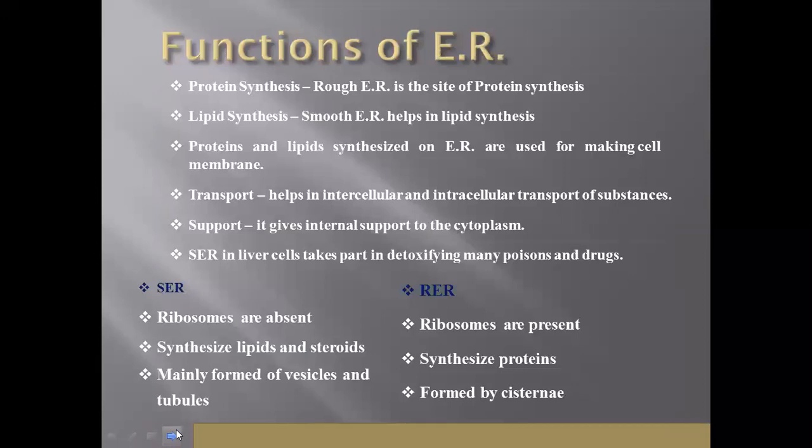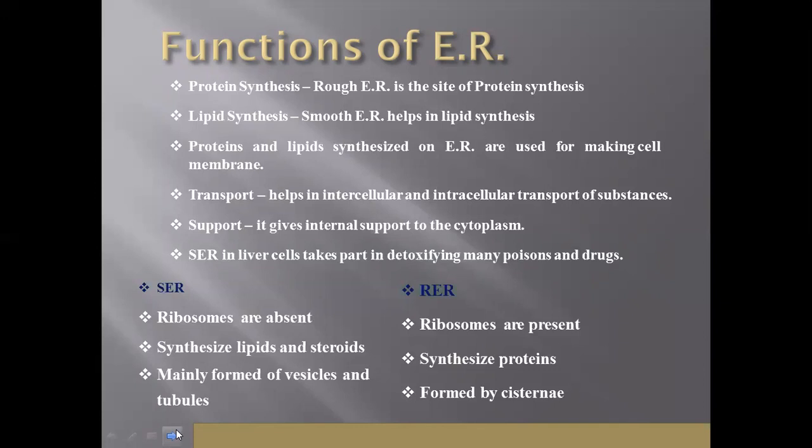What is the function and the role of ER? Protein synthesis takes place on rough endoplasmic reticulum. Lipid synthesis takes place by smooth endoplasmic reticulum. Proteins and lipids synthesized on ER are used for making cell membrane. My dear students, when you read the chapter from the textbook, you'll come across the word membrane biogenesis.